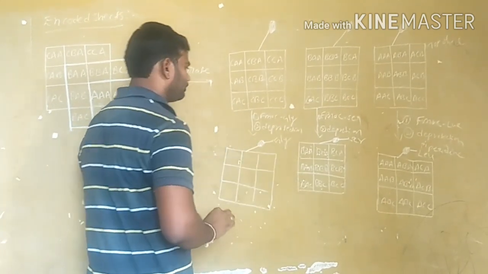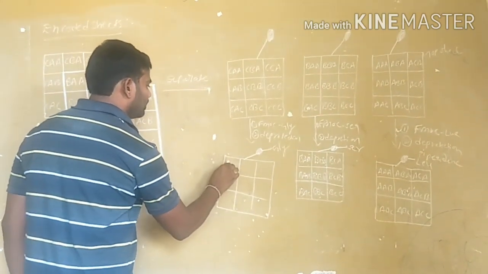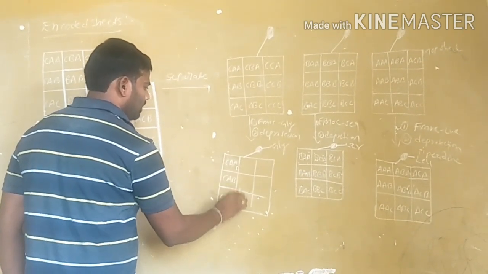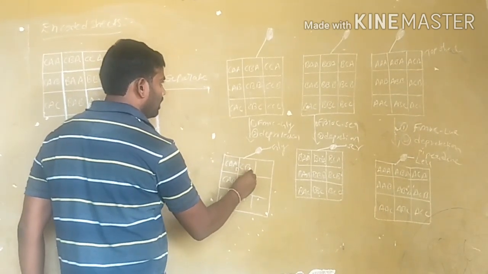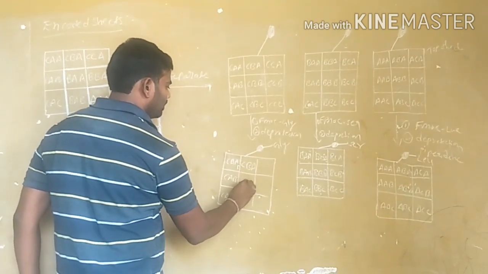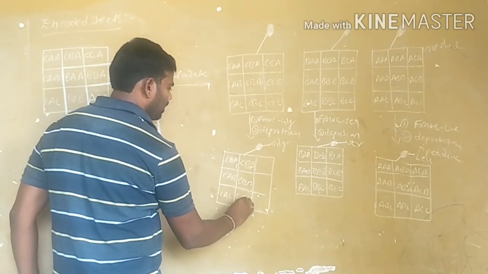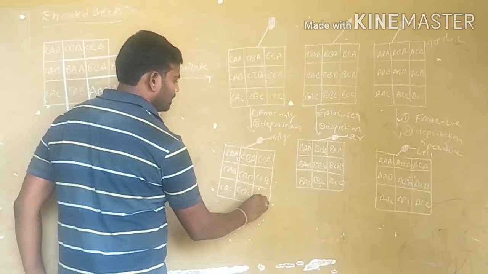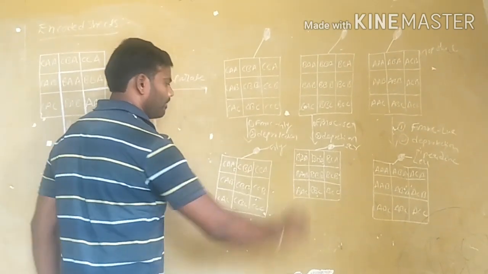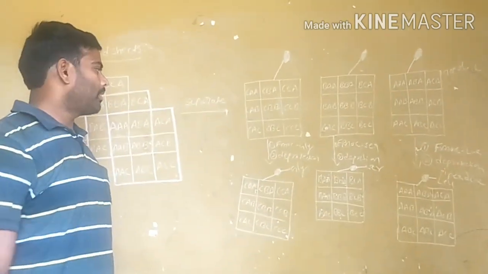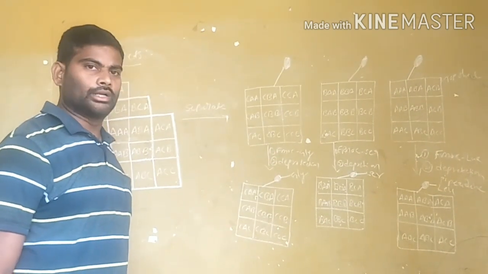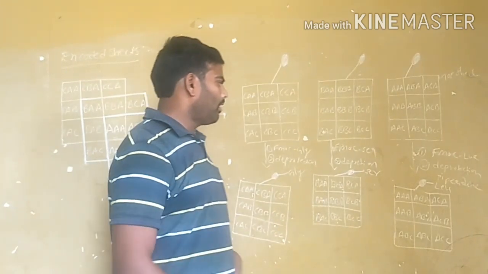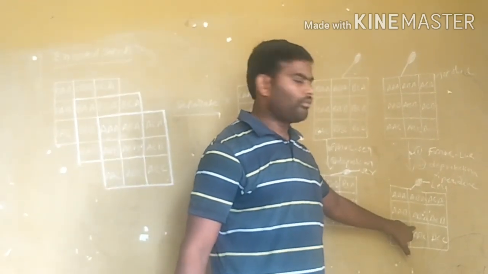Glycine, that is CAA, CAB, CAC, next CBA, CBB, CBC, next CCA, CCB, CCC.